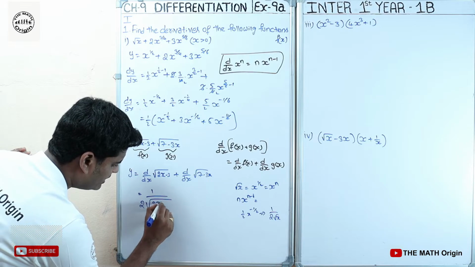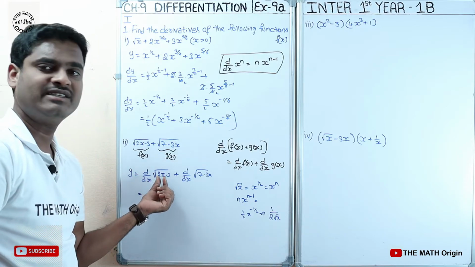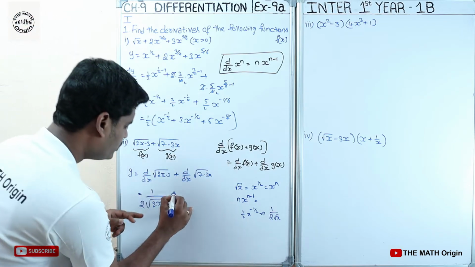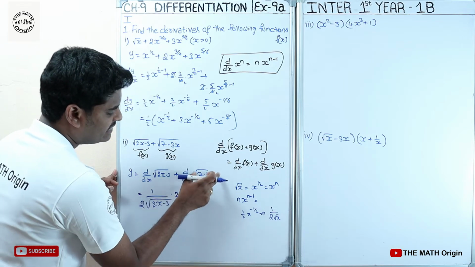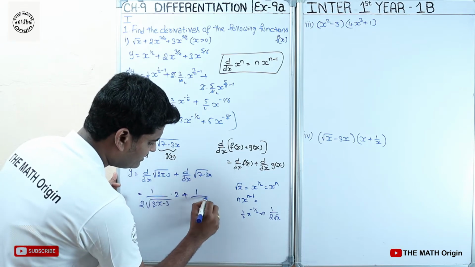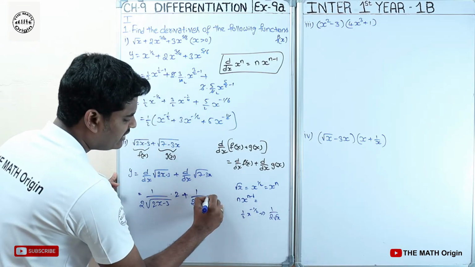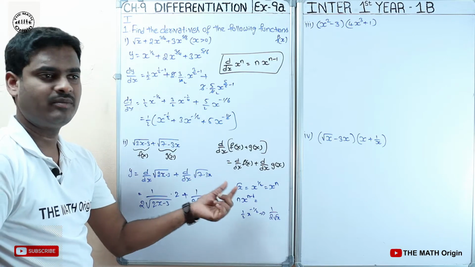2 root x into the internal value, which is 2x. The internal differentiation of 2x will be 2. In the same way for root of 7 minus 3x, I will take the differentiation, it is 1 by 2 root 7 minus 3x, and the internal derivative of minus 3x will be minus 3.